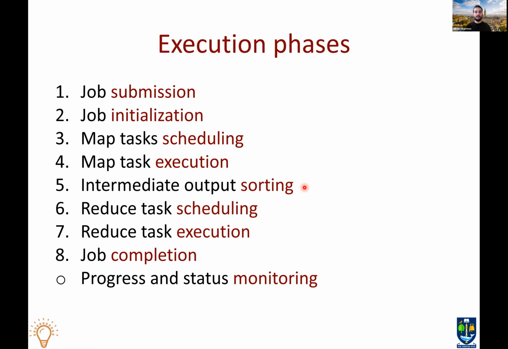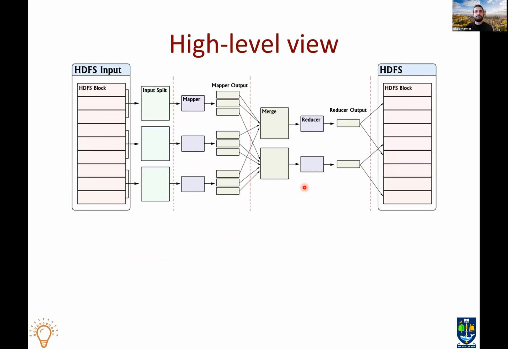So it knows, not exactly how much, but how far into the computation of the reduce phase the reducers are, and so on and so forth. So this is a high-level view.